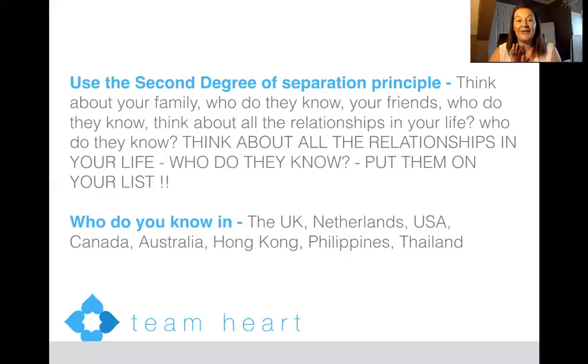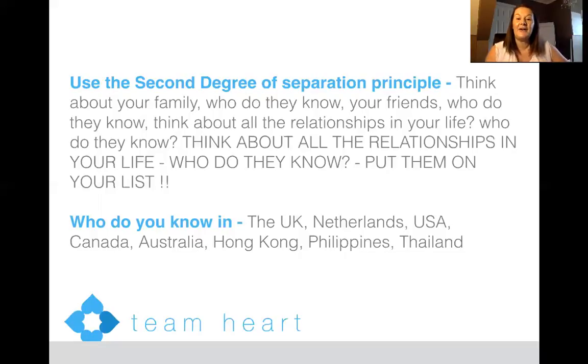I don't care how scary they are, how unapproachable, or how much more successful they are than you, and you want to skip them because you don't think they would listen to you. Put them on your list, because there's someone in your organization, your upline, your team, who is an expert, has the confidence, and knows how to get these people to at least take a look at what we're doing.